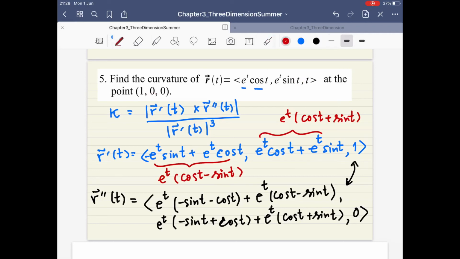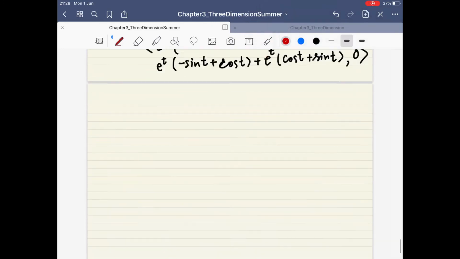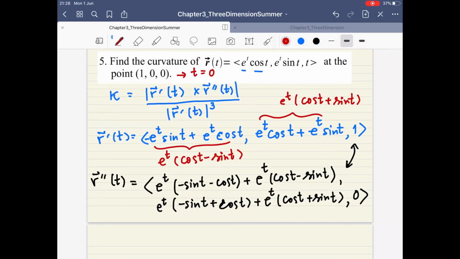So let us just replace your r prime by the value at 0. So the first one, you get 1, 1, 0.